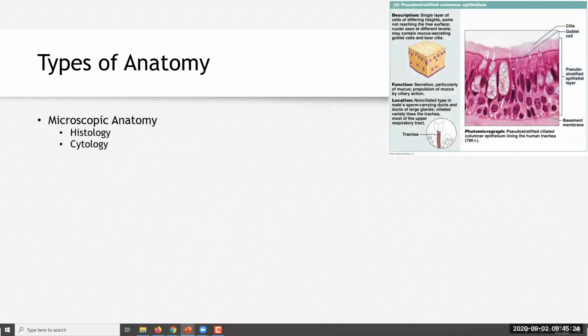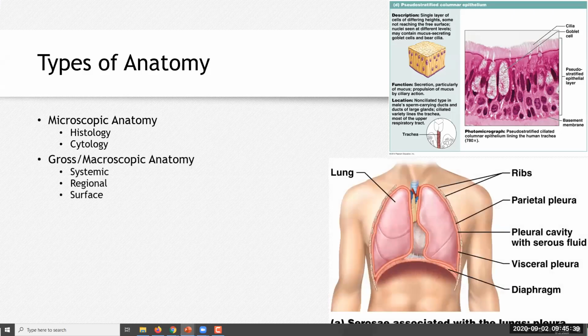There are different types of anatomy. One is microscopic anatomy. And for microscopic anatomy, we need something to help us see these structures. We can't see it with our naked eye. And then there's gross anatomy or macroscopic anatomy. And for this one, we could actually see without any tools.